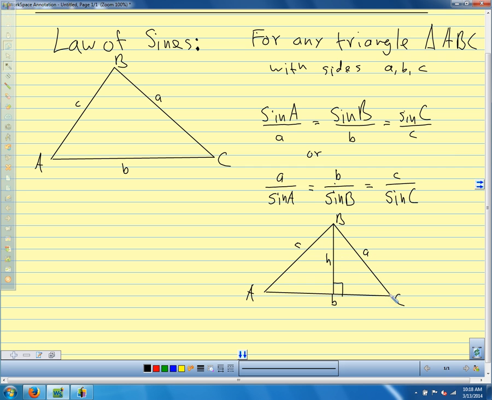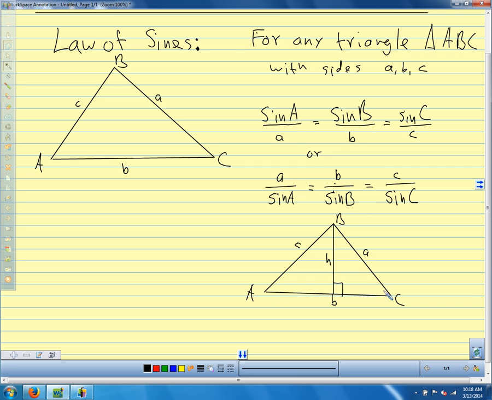So I can use this triangle on the right to find the height of the triangle. Well, the heights are the same, so I set them equal to each other. And that's where these equations come from. I find the height using two different triangles. I split this into two different triangles, find the height with each one, and set those equal to each other. And that's where all of these proportions come from.